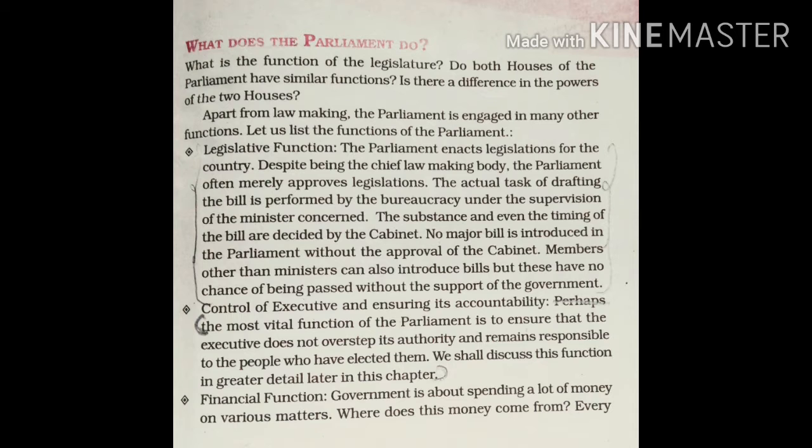Like the second important function of the Parliament, which is control of the executive and ensuring its accountability. That means whatever powers and functions are in the hands of the executive for implementing and executing the policy and the law made by the Parliament, the Parliament ensures that the executive does not overstep its authority.